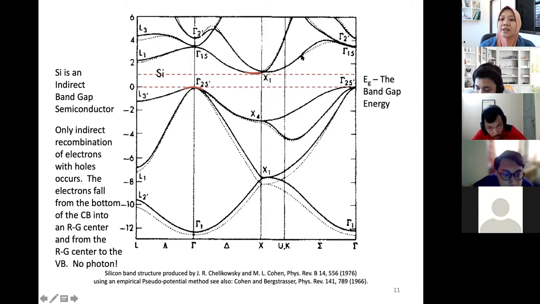So dia tu complicated lah nak ceritanya. The band gap, at our level, tadika level, we say the band gap is this. But actually, you can have recombination when, let's say the momentum is very high, it can recombine with a bigger energy.